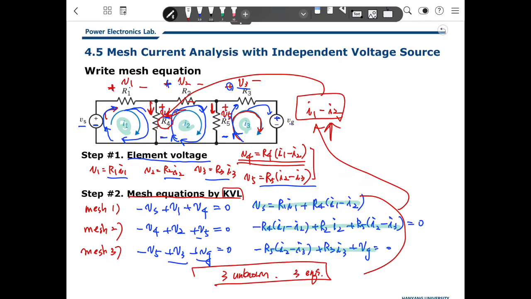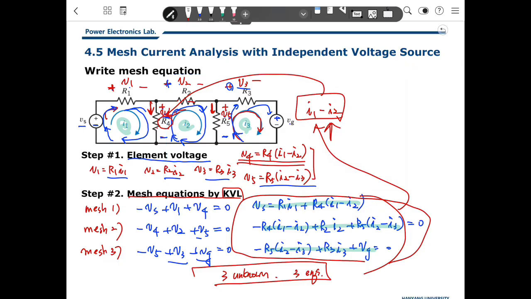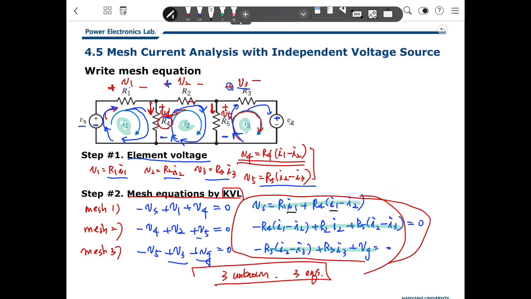And these equations can be expressed in a slightly different form. For example, based on here, we can collect the I1 terms and simplify to (R1 plus R4) I1 minus R4 I2.